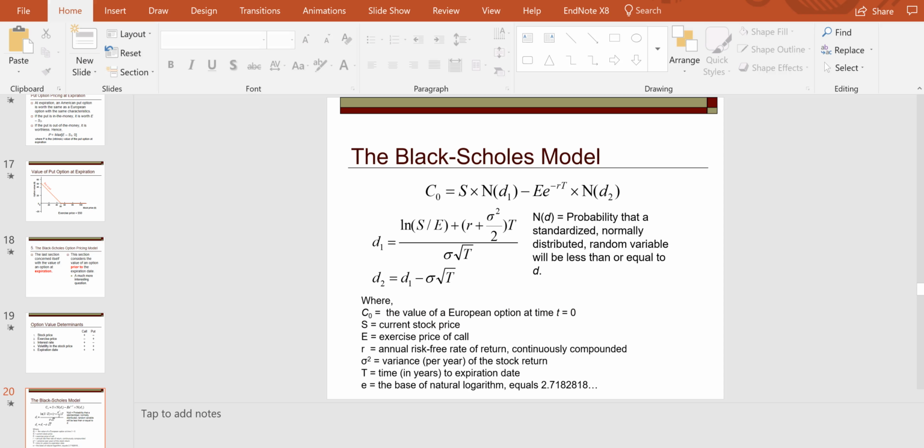And the second input we need: D1 is equal to the natural logarithm of S over E. So the second input is E, the exercise price.